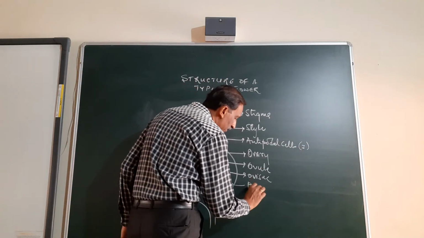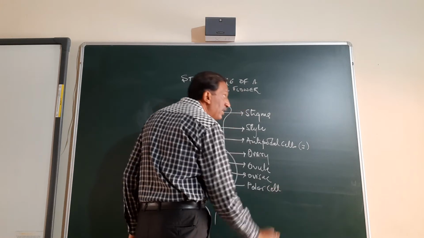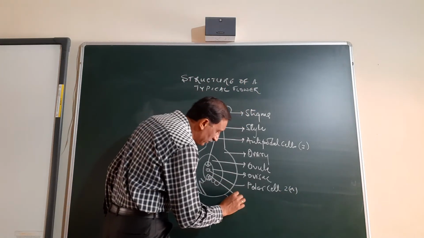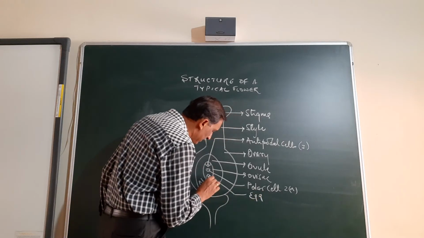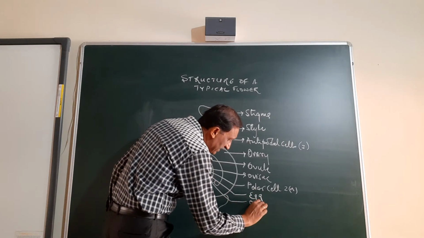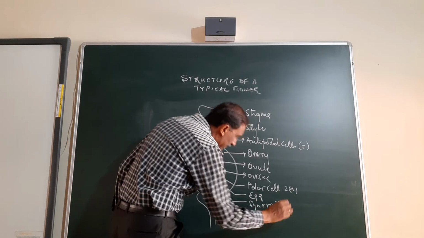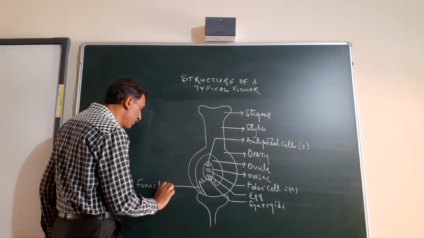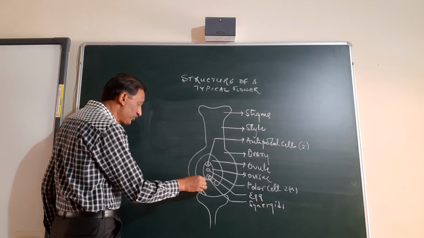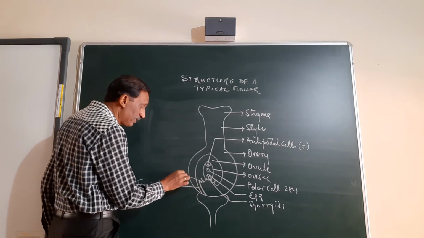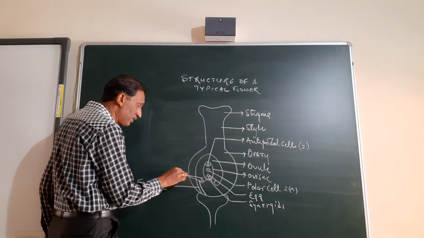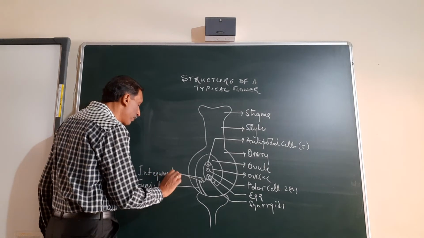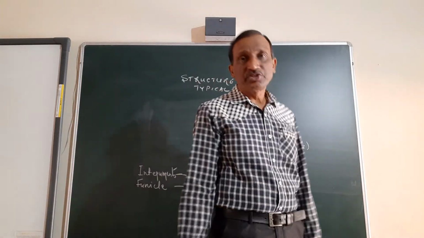This is polar cell with two haploid nuclei, egg cell, and these two are synergids. बाकी यहाँ पे बना लेते हैं. ये stalk है, that is called funicle, and these slip-like structures are there. इनको कहेंगे integuments. Okay, so that's all. The structure of the flower we are done.